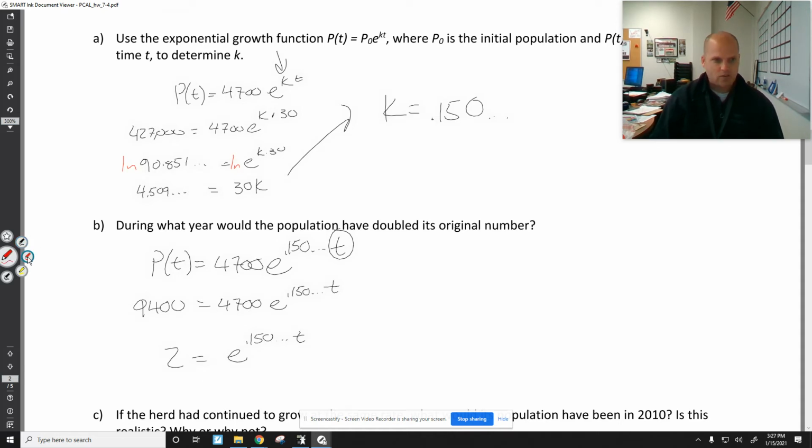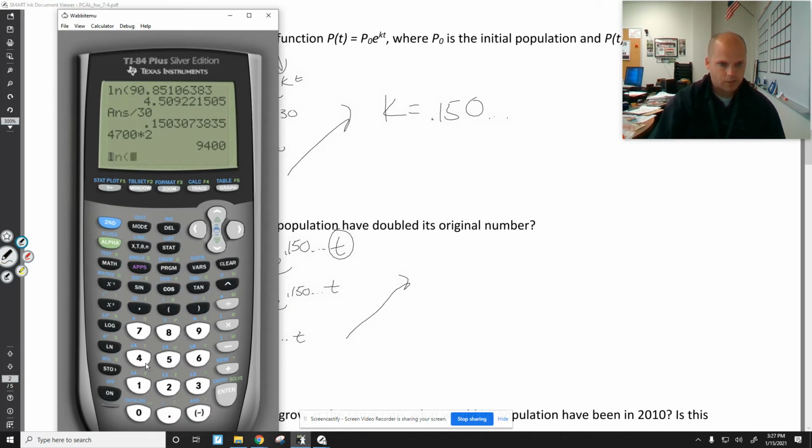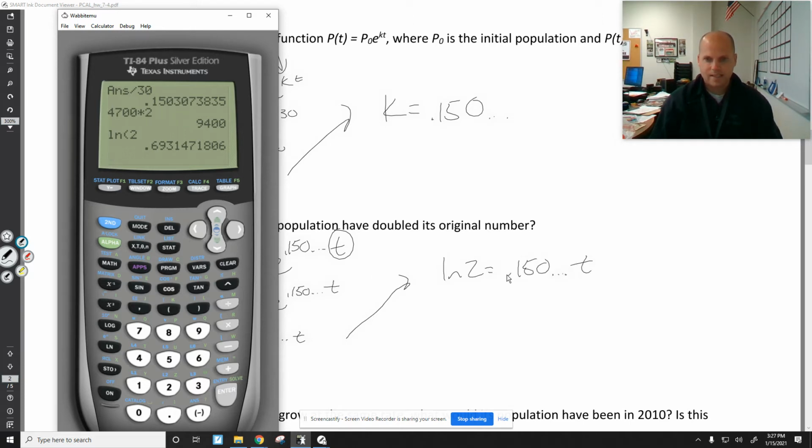You're going to take the natural log of both sides, giving me ln 2. Take that number. It's equal to 0.150... t divided by that 0.150 number.